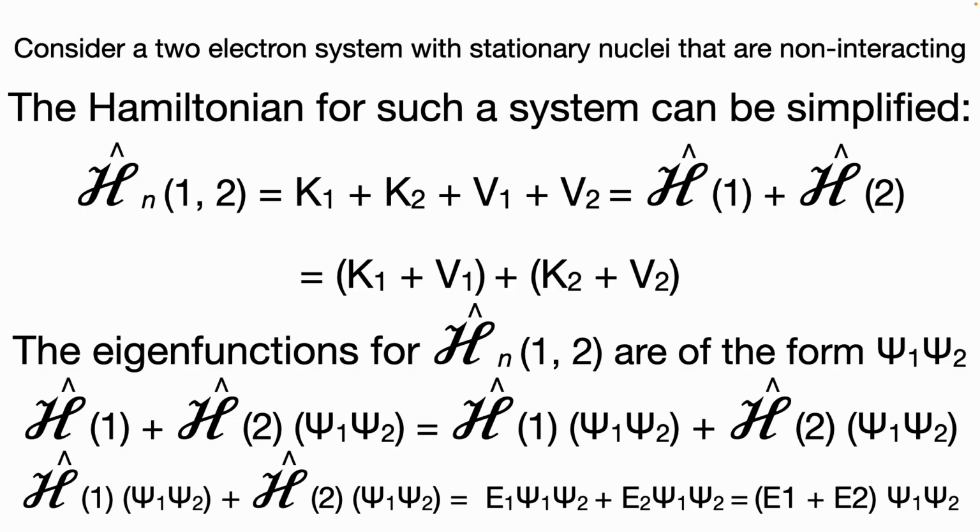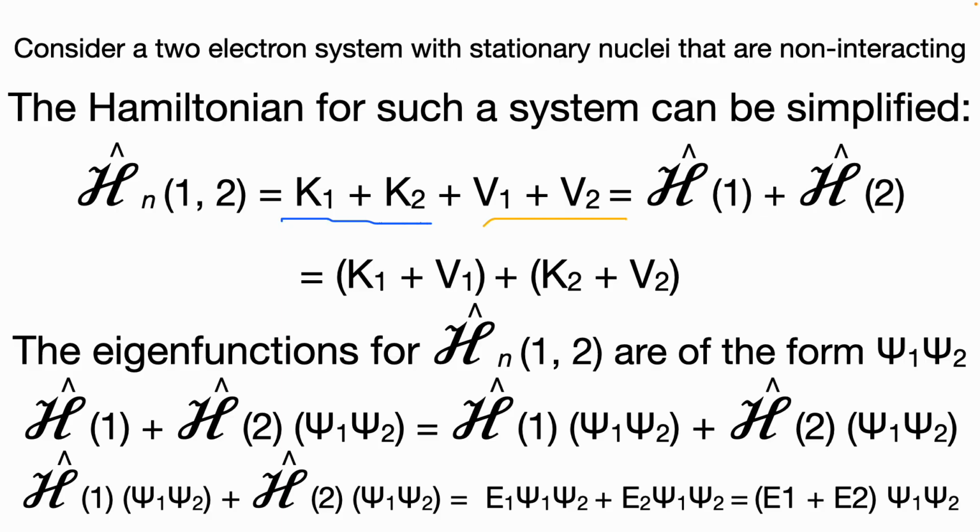Now, let us consider a two-electron system with stationary nuclei, but we impose the condition that the electrons are non-interacting. And the Hamiltonian for such a system becomes simplified, and what it becomes is the sum of the kinetic energies of the two electrons plus the sum of the potential energies of the two electrons in the presence of stationary nuclei.